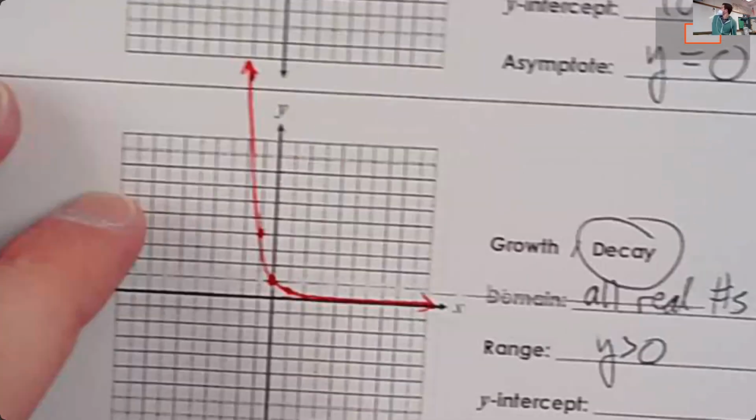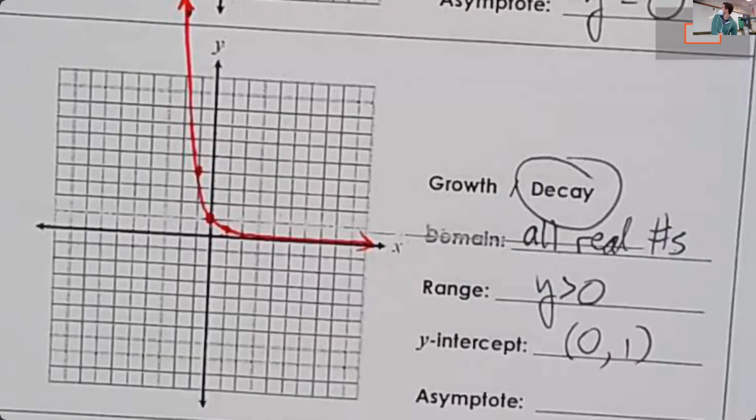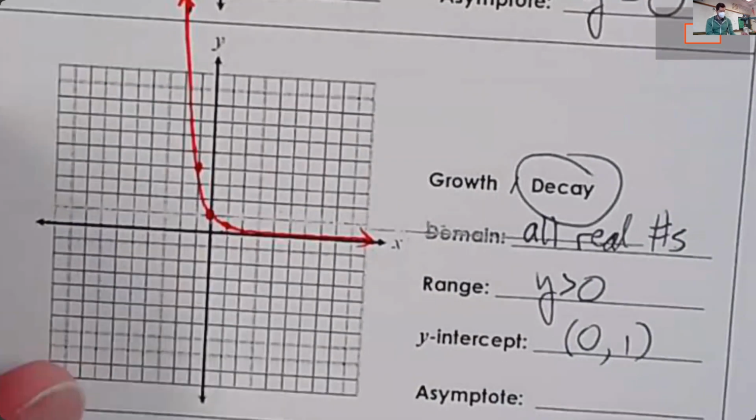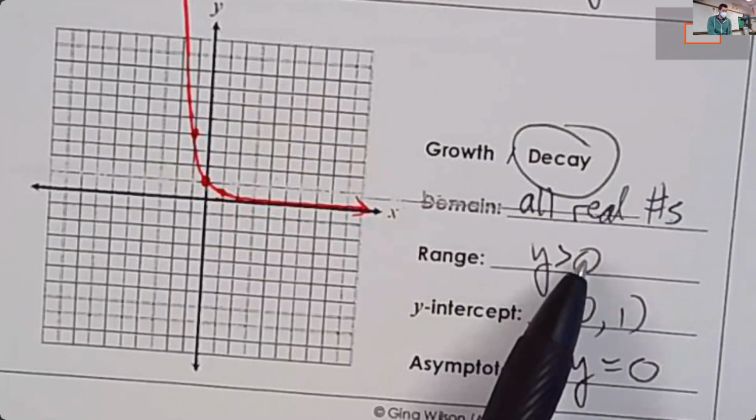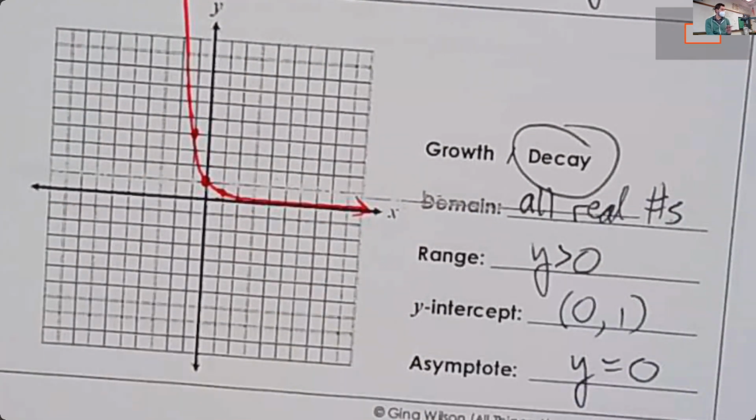So again, 0, 1 for the y-intercept. And then our asymptote is y equals 0, because the asymptote is always going to be the same value as the range. We're just going to use an equal sign instead of an inequality symbol. That's our answer for number 2.